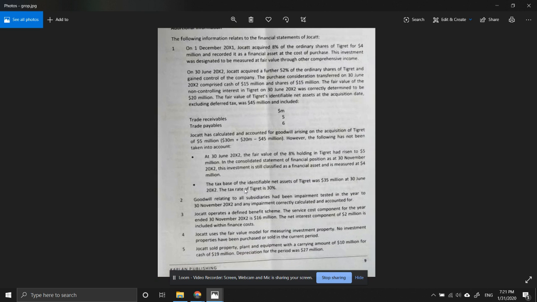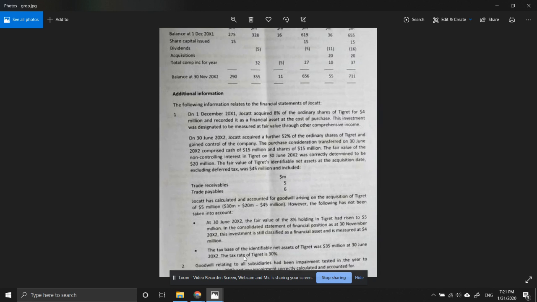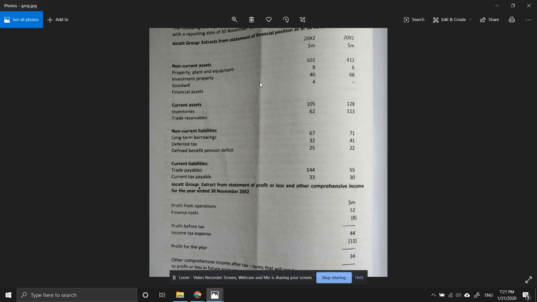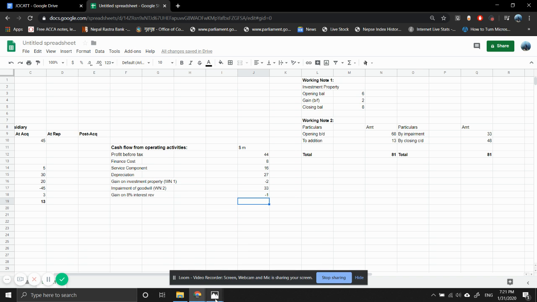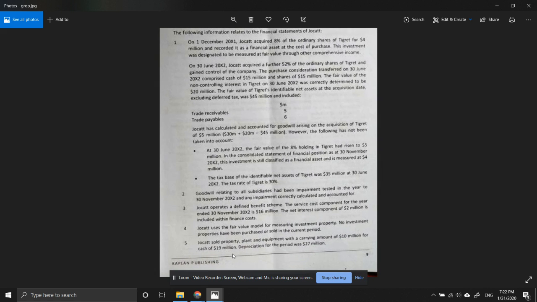Anything else that we've done? Okay, sold PP with a carrying amount of 10 million for 19 million.